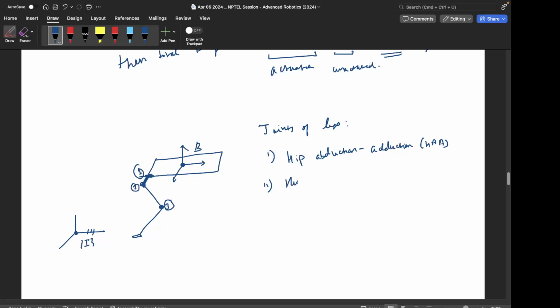Next is the hip flexion extension joint, called the HFE. Third is the knee flexion and extension joint, known as the KFE joint. Okay, so HAA, HFE, KFE, these are the names of the three joints.